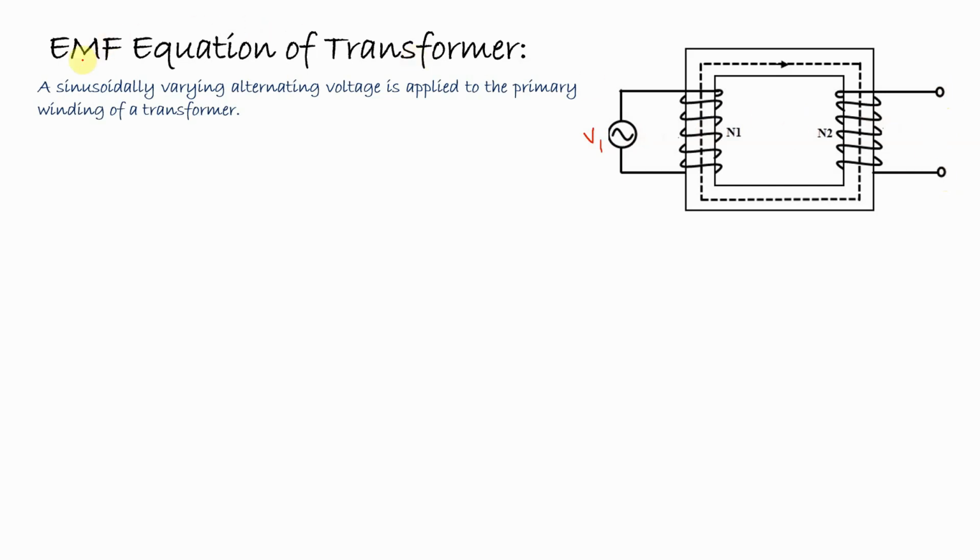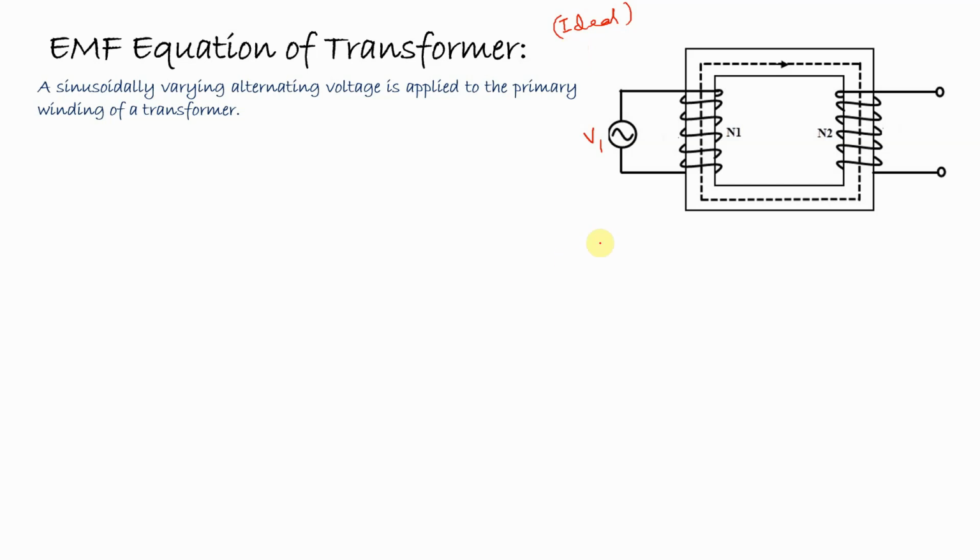Remember one thing, here we are discussing the EMF equation of the transformer considering the transformer is ideal. Whereas for practical the value does not differ very much. So you can consider initially the ideal transformer because it makes the calculations simple.